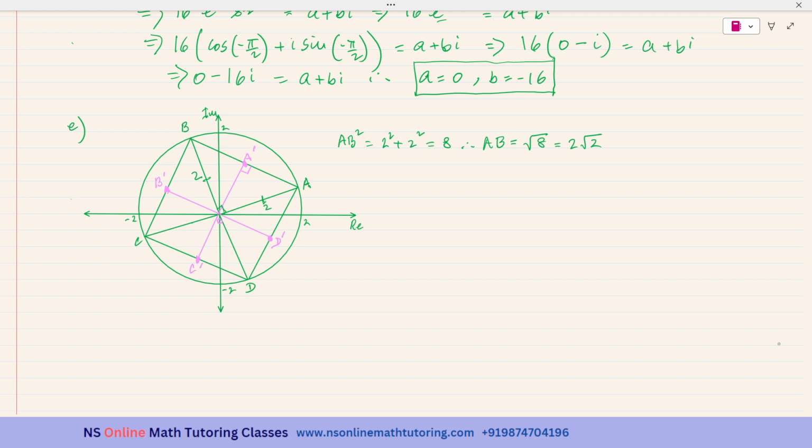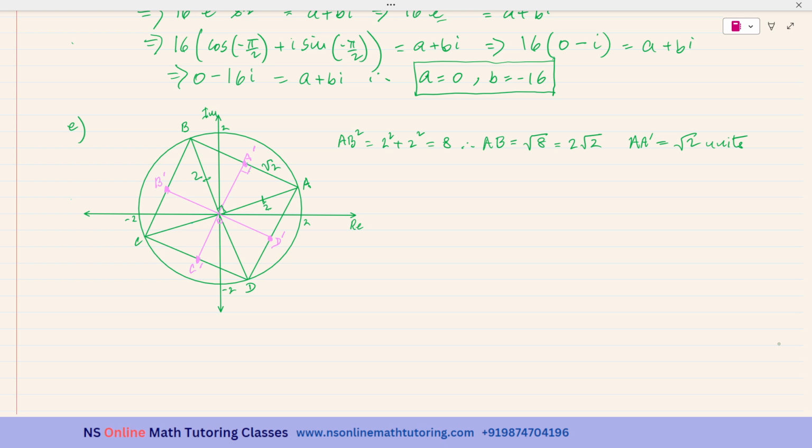And A prime is the midpoint of AB. So what will be AA prime? It will be half of 2 root 2, which will be root 2 units. Okay. So this is root 2 units and this is 2. And this is also a 90-degree angle.